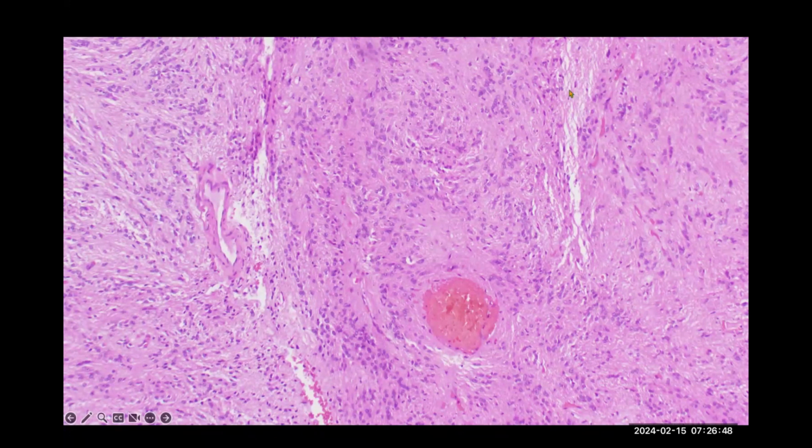Anyhow, there is a perivascular pseudorosette in the lower center. There's a nuclear-free zone, and then a whole bunch of nuclei forming a circle around. That perivascular pseudorosette does not happen in subependymoma. So this is the ependymal part. Next.